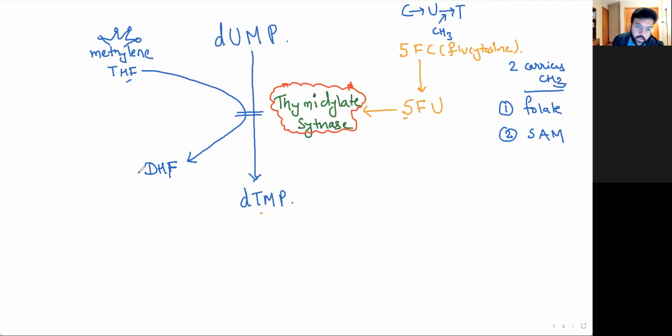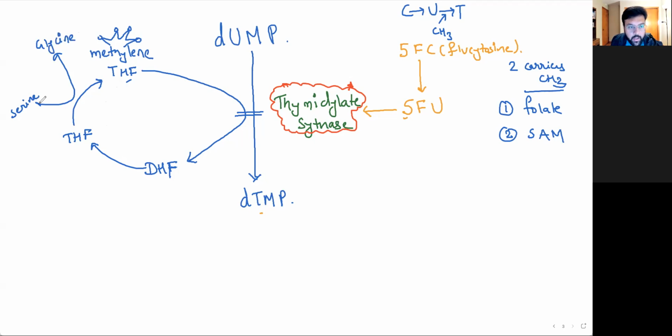So if you want to convert dihydrofolate into tetrahydrofolate, that means it's a reduction reaction, and tetrahydrofolate can eventually convert into methylene tetrahydrofolate. You want to again donate one methyl group from somewhere that comes from one of the amino acids, with the conversion of serine to glycine, which you don't need to remember.